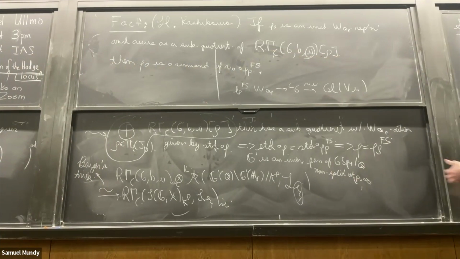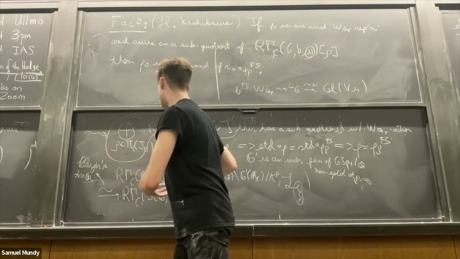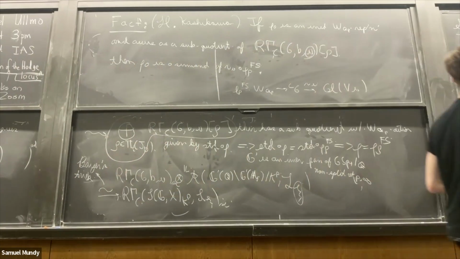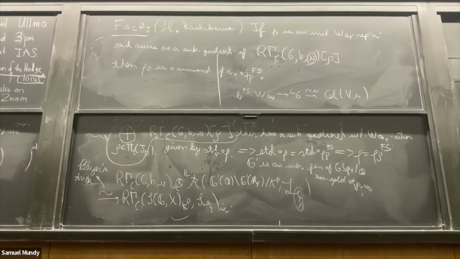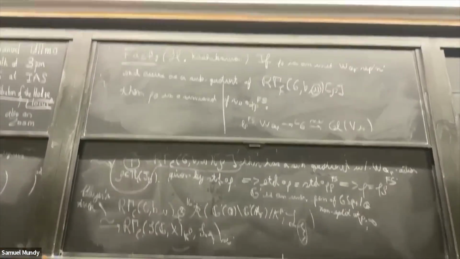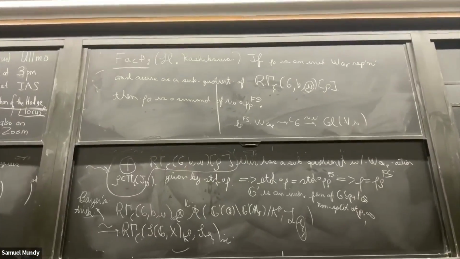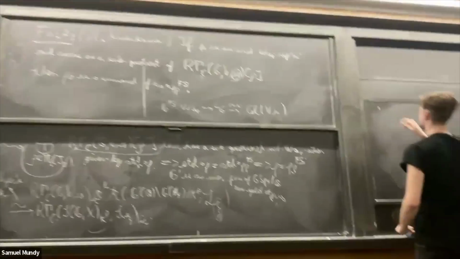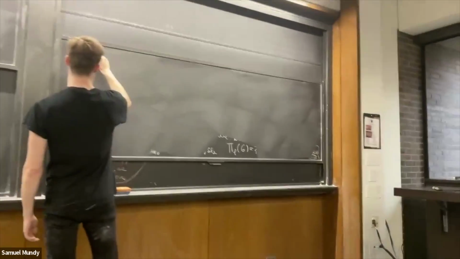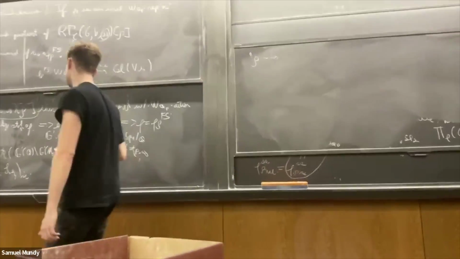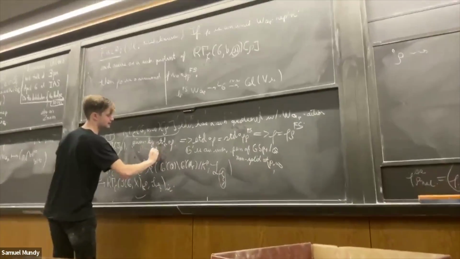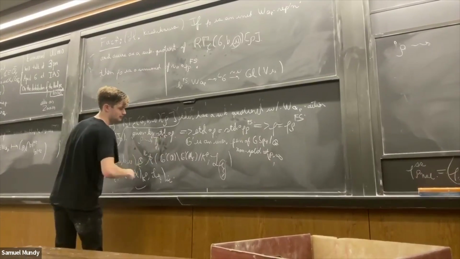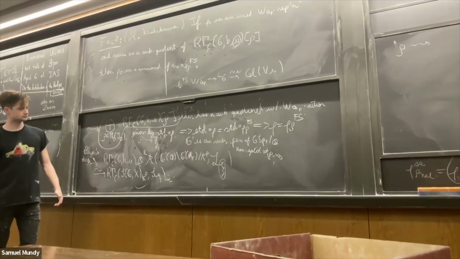Okay, and this is pretty good because now we can pass between this local Shimura variety and this global Shimura variety very easily, and then apply the trace formula to the right-hand side. So what do? Well, we can take our rho and we can globalize it. So maybe I'll write this here. We can take our rho and then we can globalize it to a cusp form occurring in this.